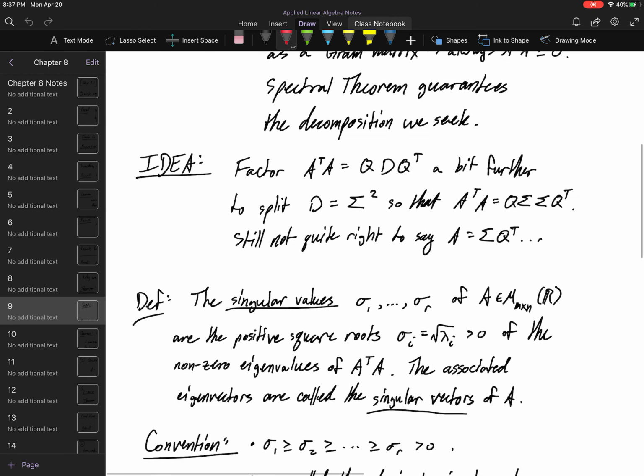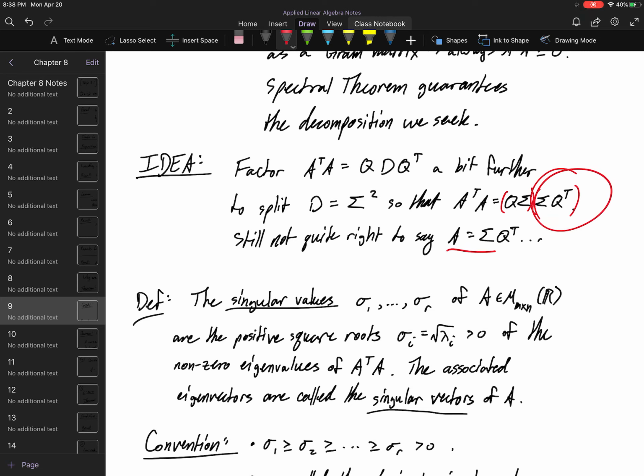What we would like to say is that we have the decomposition that we want for A kind of hidden in here in this Q times D times Q transpose matrix. And the idea would be to split this guy up into two very similar pieces. And in fact, these guys are transposes of one another. So really, we would like A to just be the right-hand portion of this decomposition.